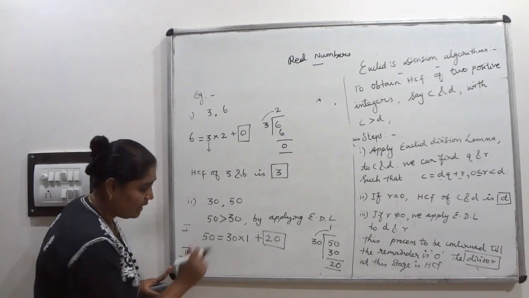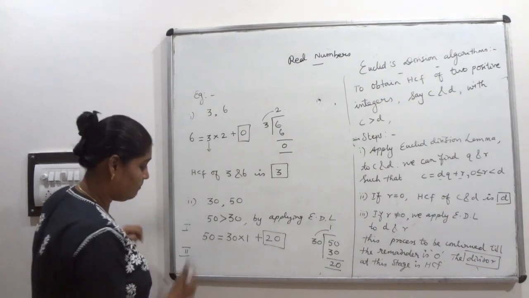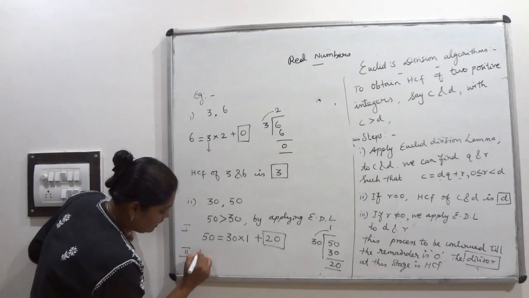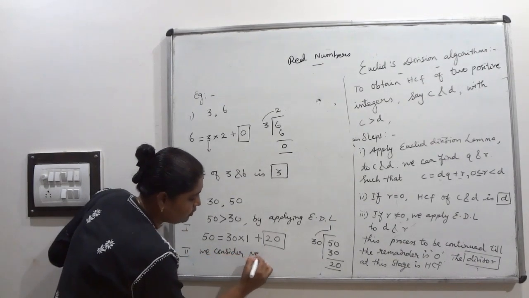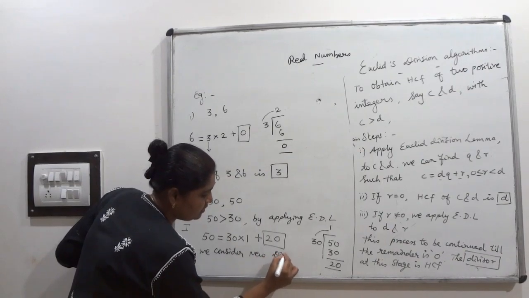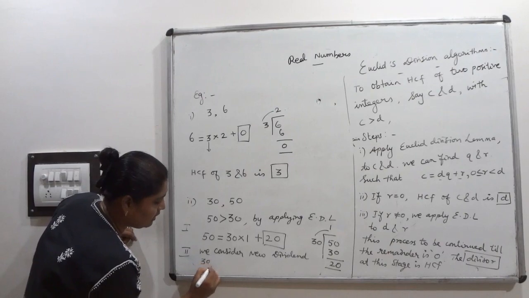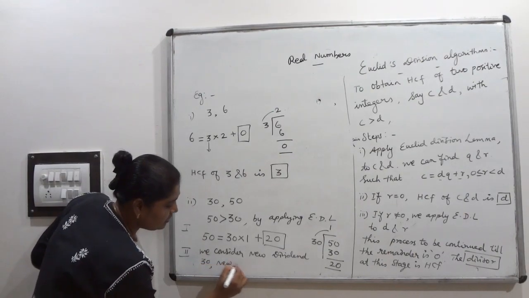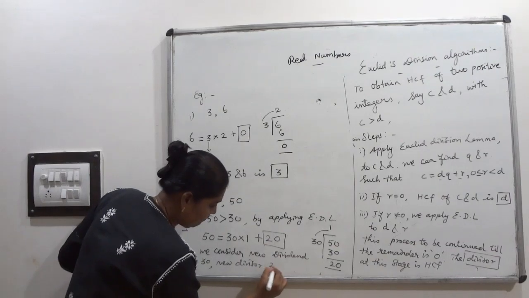In the second step, I already told you how to consider a new dividend and divisor. We consider the new dividend as 30 and the new divisor as 20.